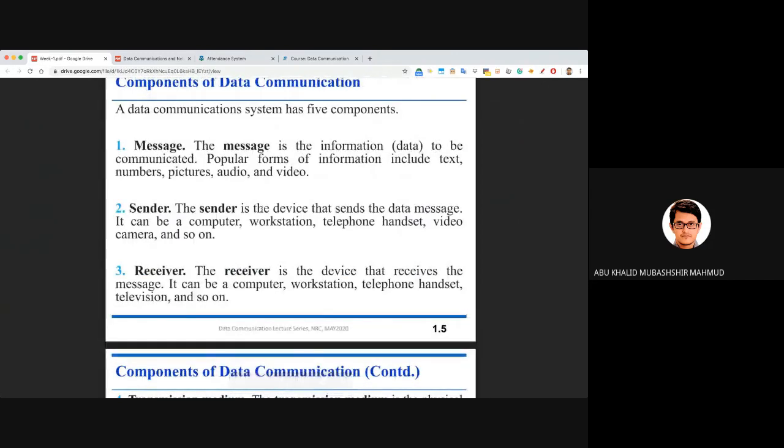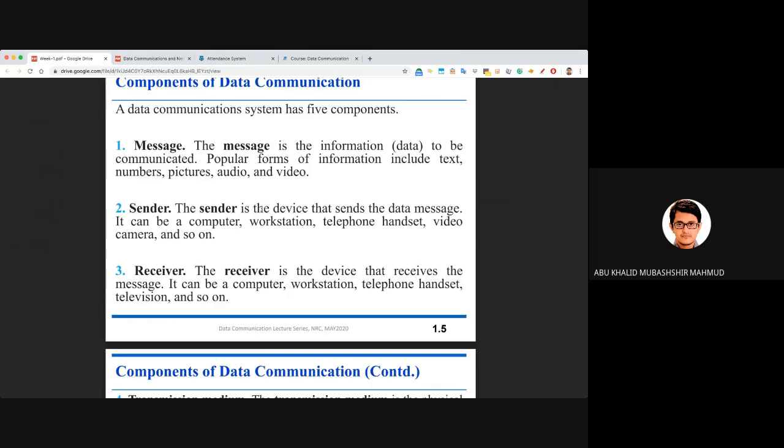Number 1 is message. The message is the information data to be communicated. Now in this lecture, I am communicating the message, that is the lecture, to you. Popular forms of information include text, numbers, pictures, audio and video, etc. That is what I am giving to you.